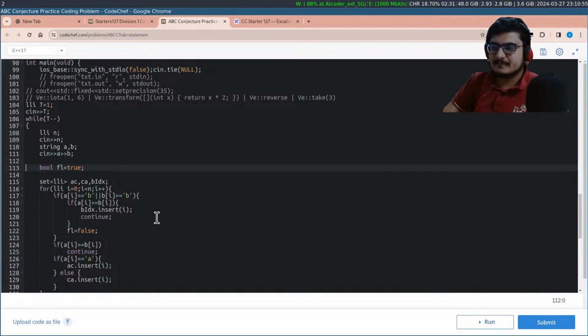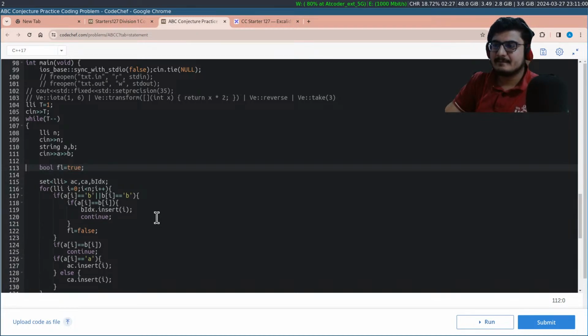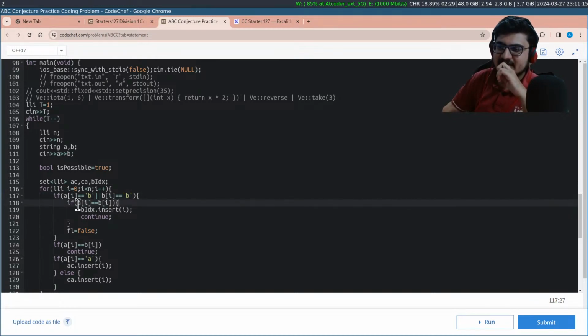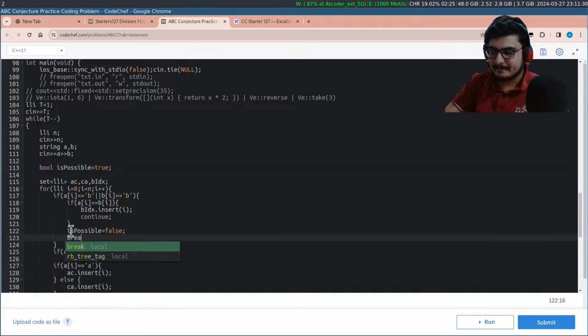So let's just remove this array. Iterate on all the numbers. If AI is equal to BI, then I put these numbers in the set where I'm putting all the B index numbers and continue. Otherwise, I say it's impossible to make the numbers equal and I do a break over here.